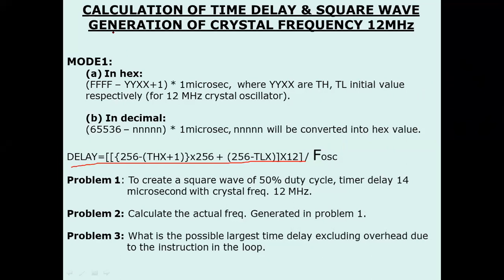So is the answer coming like FEH? 254.94, that is 254. Yes, 254. So 254, convert this to its equivalent hexadecimal form, that will be FEH.